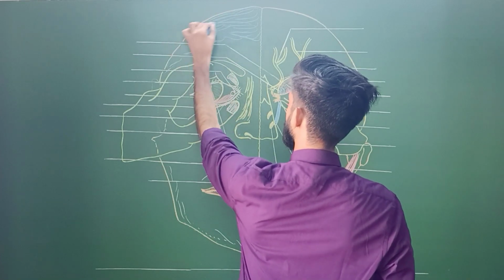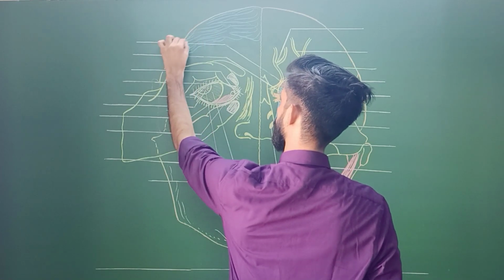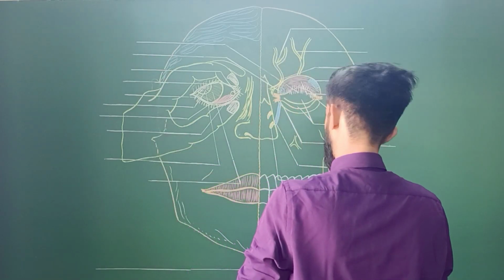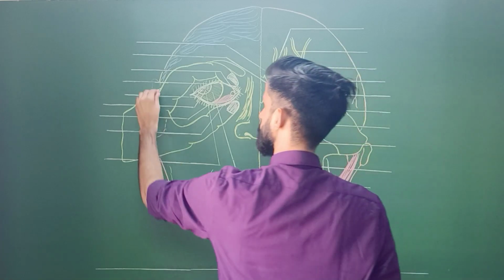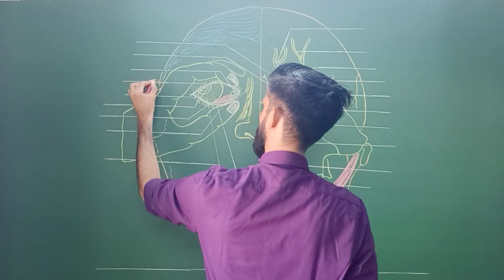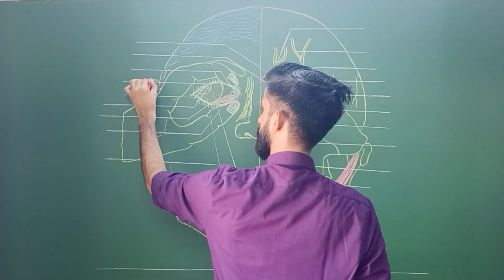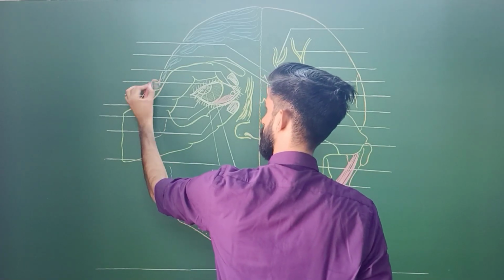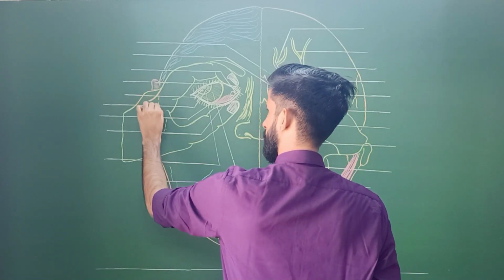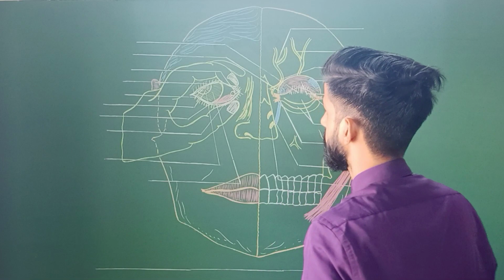So let us have wonderful hair on this side. Followed by the ear. On this side we can see the external ear, that is pinna. And this pinna is not visible here because this is the bony part. This is the internal appearance. Dotted line indicates that the structure is posterior to the hand.